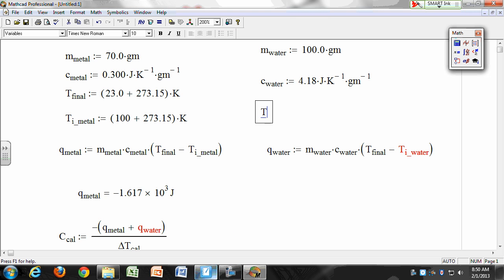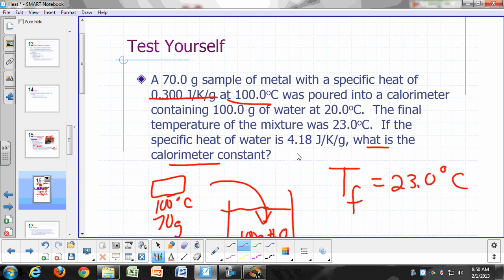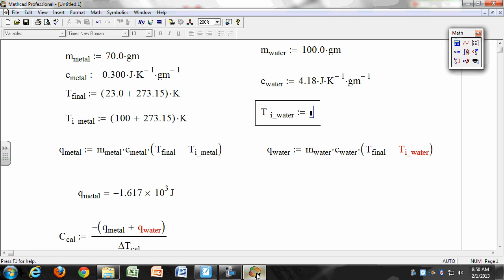And what's the initial temperature of the water? Initial temperature of the water is 20 degrees Celsius. So I'm just going to say that's 20.0 plus 273.15 Kelvin. And so I have my Q water.